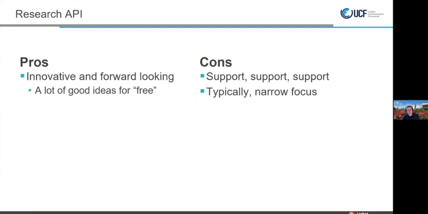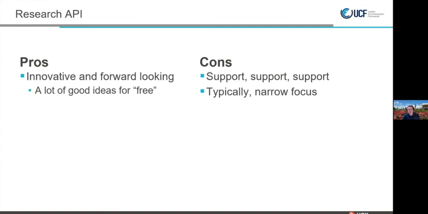And then finally, we have things like we mentioned, say, portals as one example. Research APIs are really cutting edge, provide the latest features and are very innovative, being far ahead of what vendors might provide.